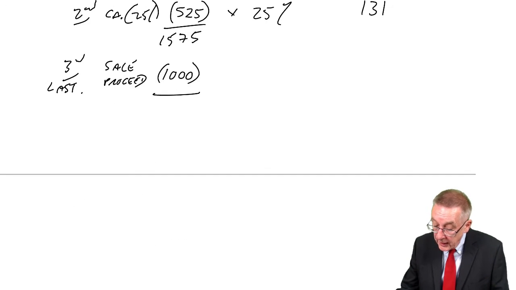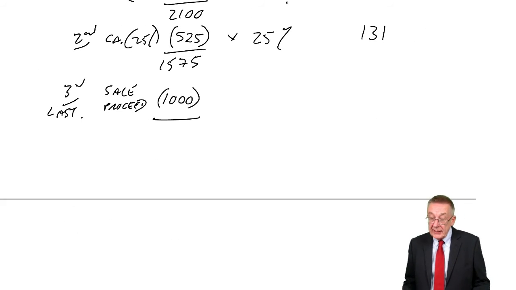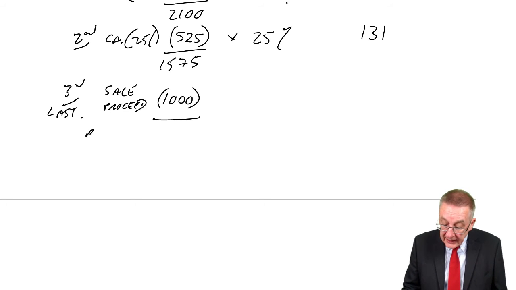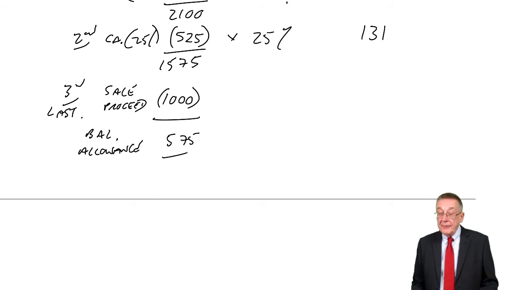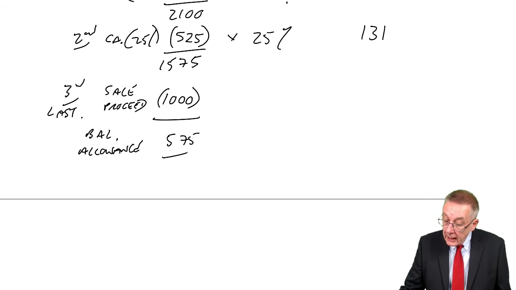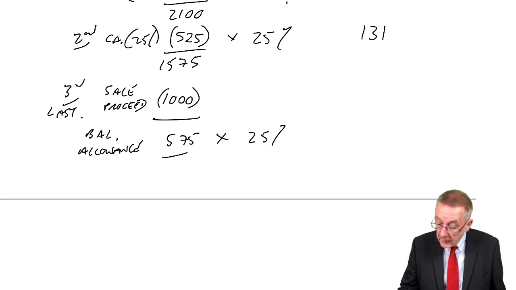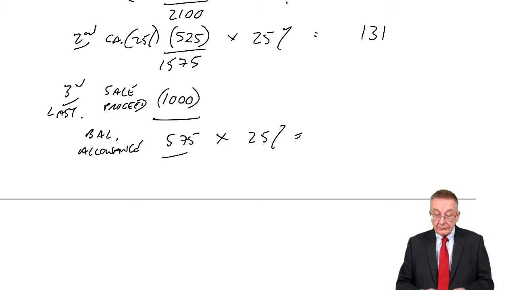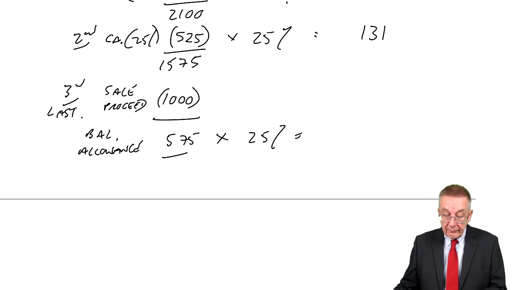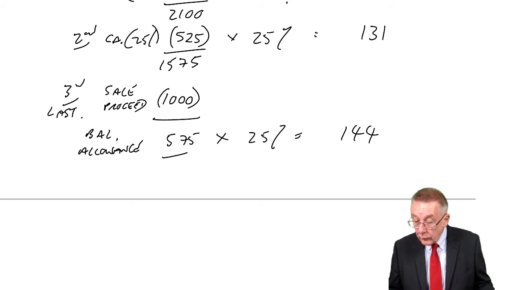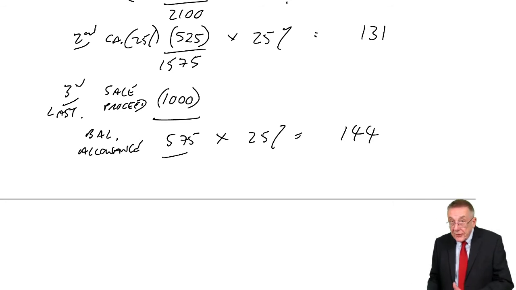Well, this time the sale proceeds are less than the tax value, so there's a balancing allowance. There's an extra allowance of the remaining 575, and so a tax saving on it at 25%, 144.